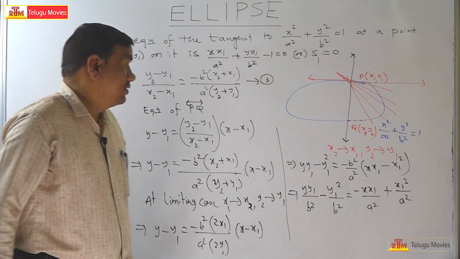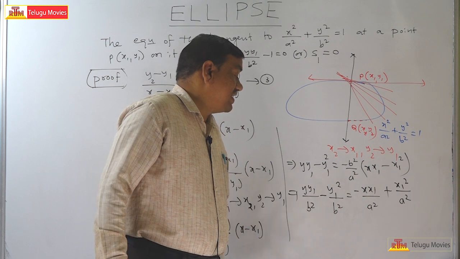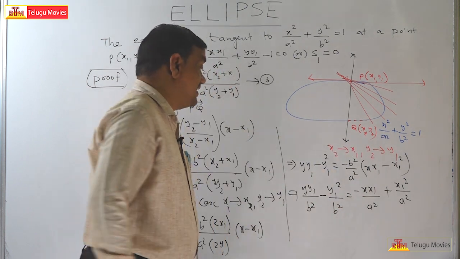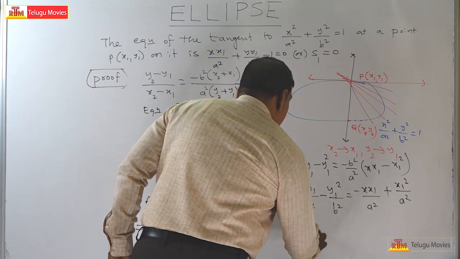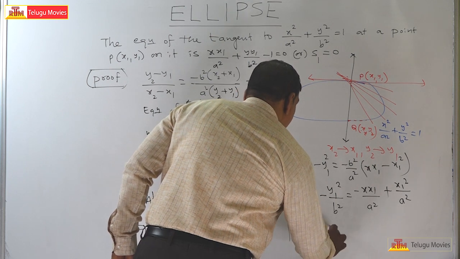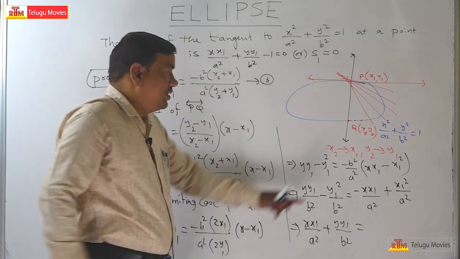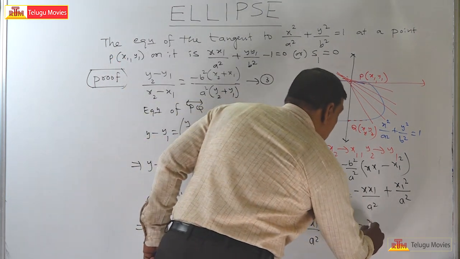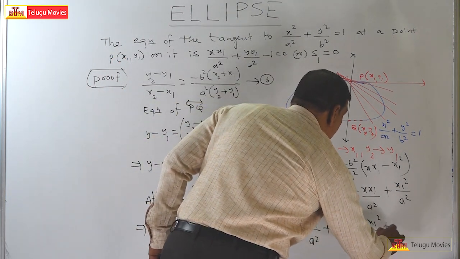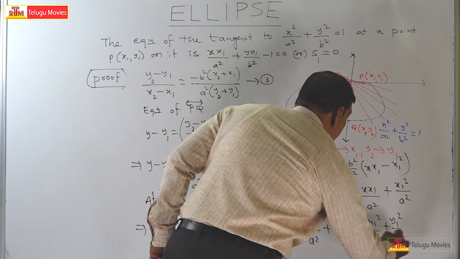Now take this minus to the left hand side, this minus y1 square to the right hand side. So you will get x x1 upon a square plus y y1 upon b square is equal to x1 square by a square plus y1 square by b square.